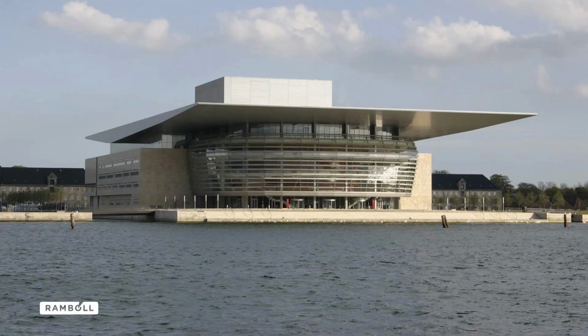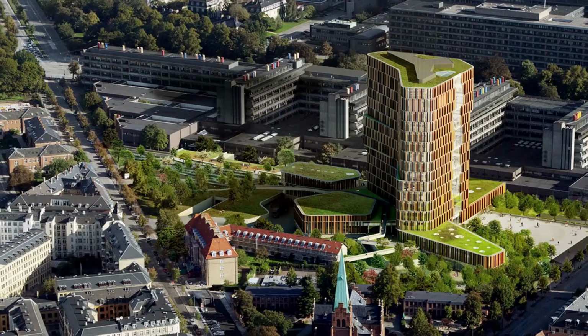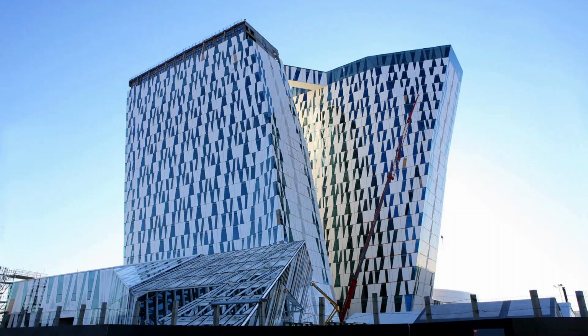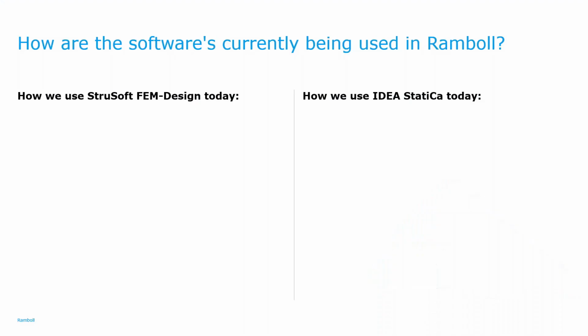So I picked out a few projects that are located in Copenhagen and that my department has actually helped on. The first one being the Opera House in Copenhagen, second one being the Mast Tower, and the third one being the Bella Sky Hotel, which we can actually see here from the head office in Copenhagen.